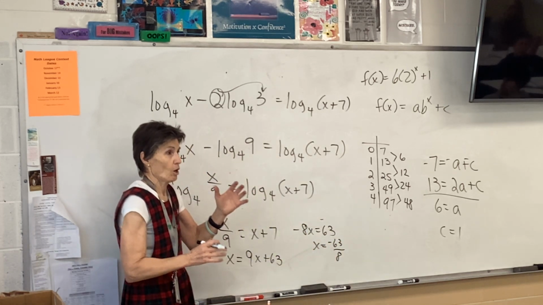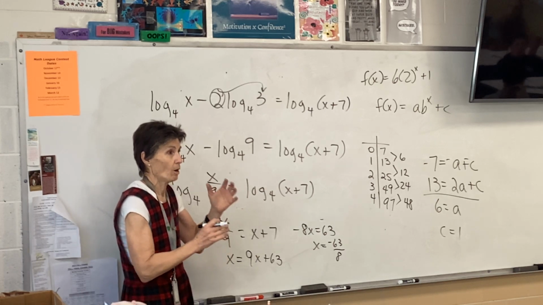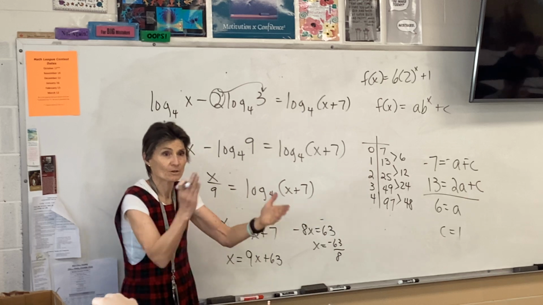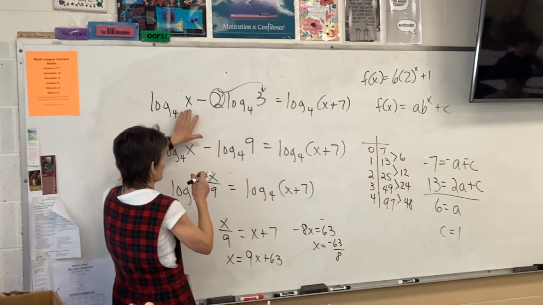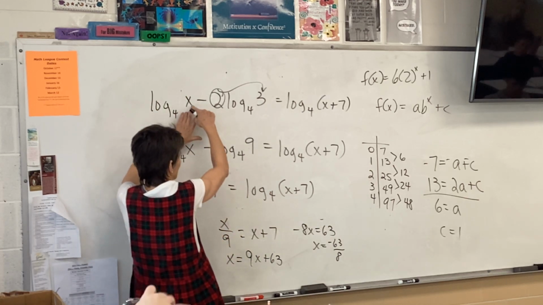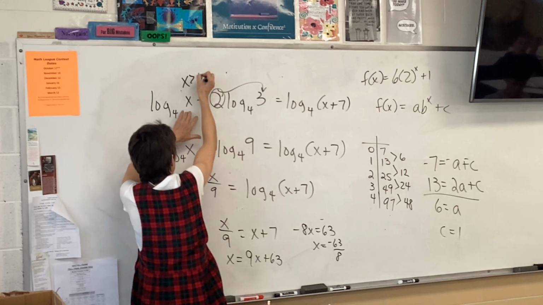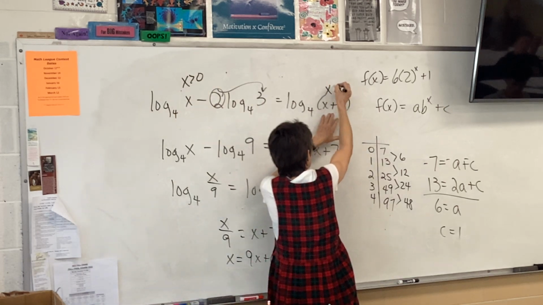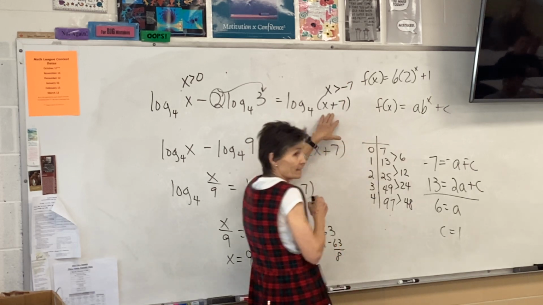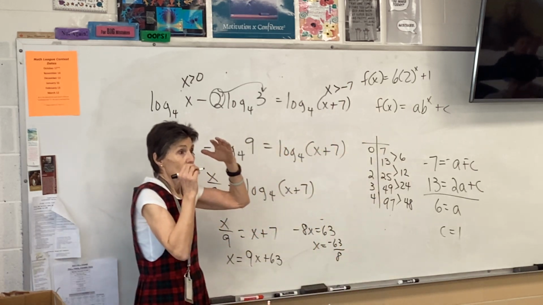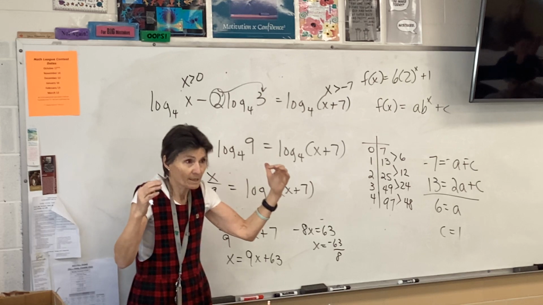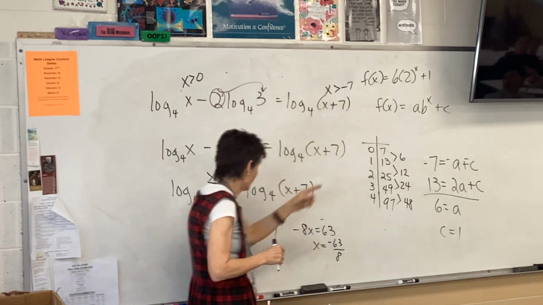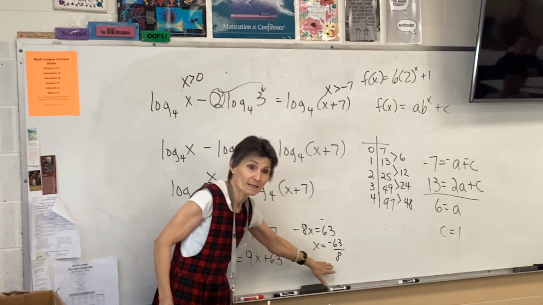But this is a logarithm problem, and what do I always have to pay attention to? Domain, domain, domain. So in the beginning, what does this tell me? X has to be bigger than 0. What does this tell me? X has to be bigger than -7. If you were drawing it on a number line, that would be green, that would be blue, and this little dot would be pink.